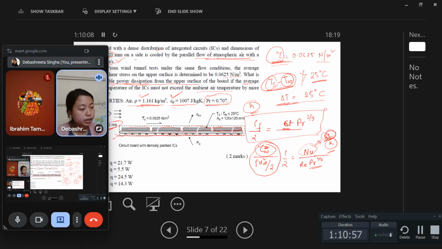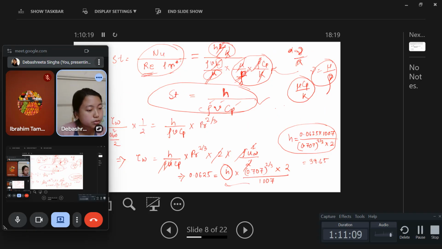So we know H, we know area also, 120 into 120 millimeter square, and temperature difference, which is given as 25 degrees Celsius. So I'm writing here Q is equal to HA delta T, right? So H is 39.65 into area is 120 into 120. So millimeter square into meters, if you convert into meter square, it will be 10 to the power minus 6 into delta T is 25. So how much is Q?